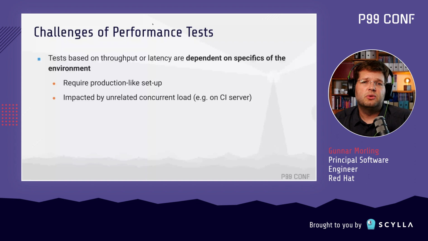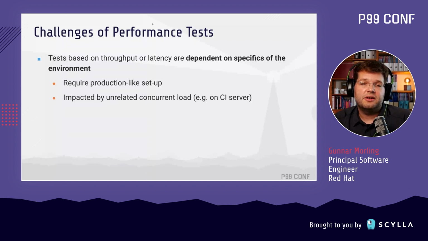And I would say the reason for that is that performance tests on metrics like throughput or latency are very much dependent on the specifics of the execution environment, the size and the capabilities of your hardware, which means you need very production-like hardware to get realistic results. If you run your test on a developer laptop, for instance, results wouldn't be very representative. So you have that dependency on the environment.